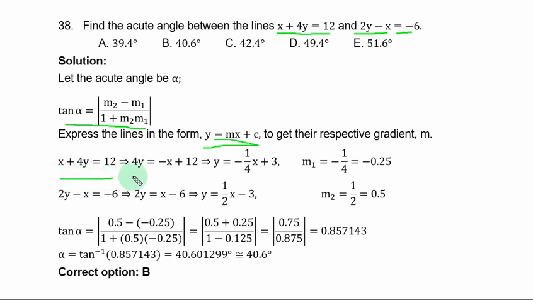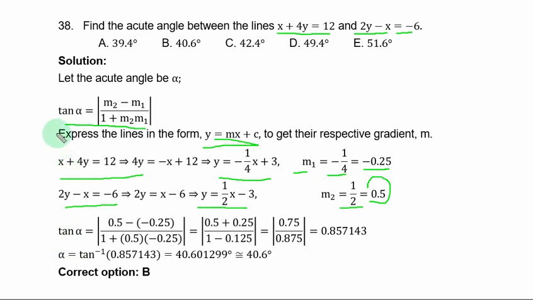Line 1 simplifies to this, and by that the gradient m1 is minus 1 over 4, and that is minus 0.25. The second line simplifies to this, and the gradient m2 is 1 over 2, and that is 0.5.